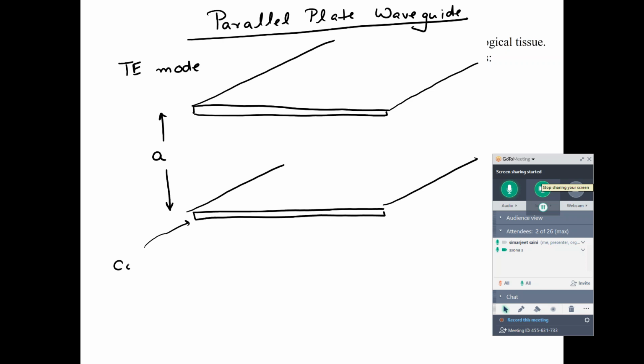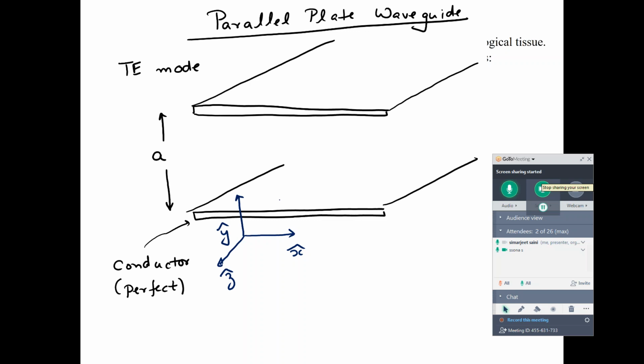So this is a conductor, and for the time being, we'll assume that these are perfect conductors. And for the sake of defining the scale, let's define this to be the x direction, this to be the y direction, and the propagation direction to be z.